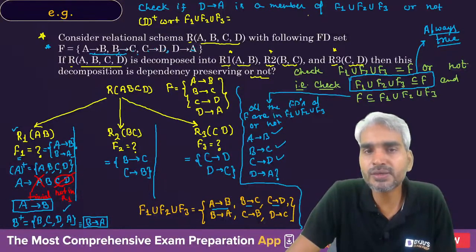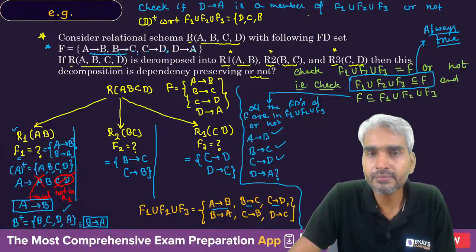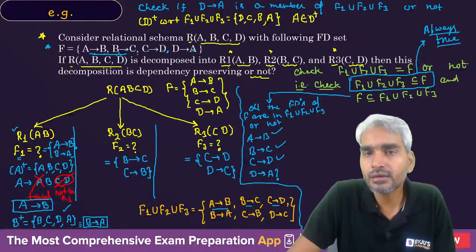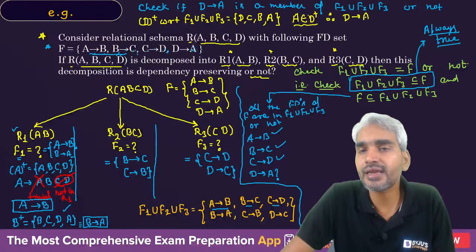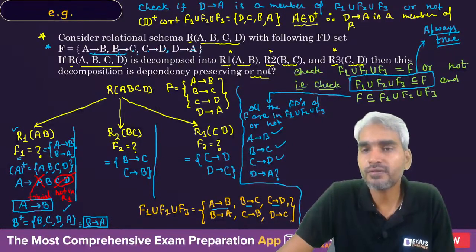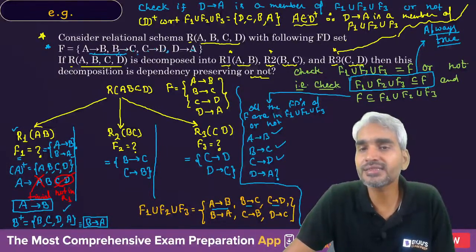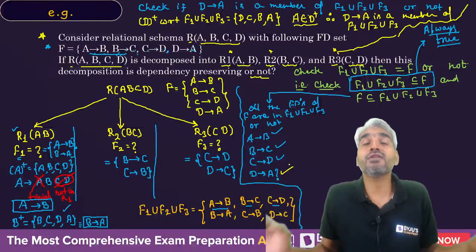D closure will be D. From D to C, you get C. Because of C to B, you also get B. And because of B to A, you also get A. Now A belongs to the closure of D, therefore D implies A is a member of F1 union F2 union F3, so D implies A is present in F1 union F2 union F3.